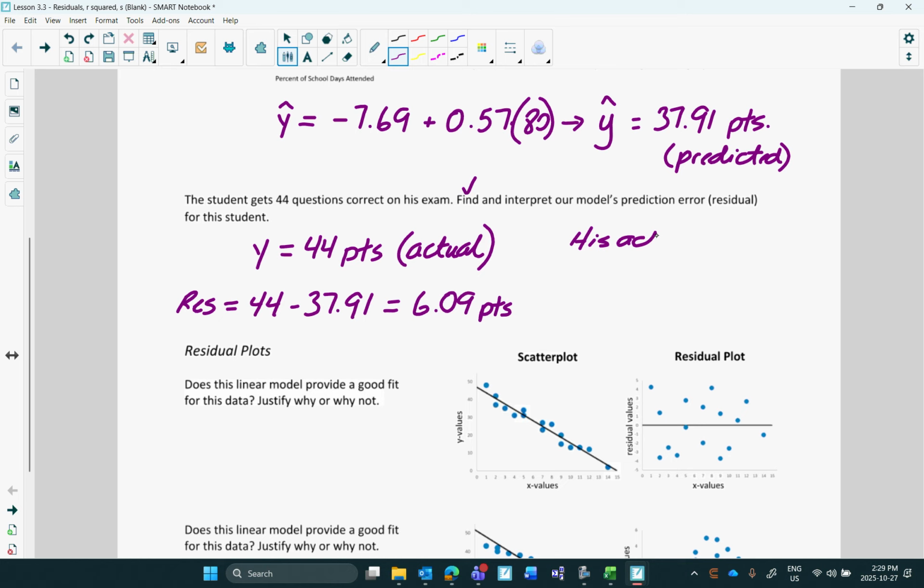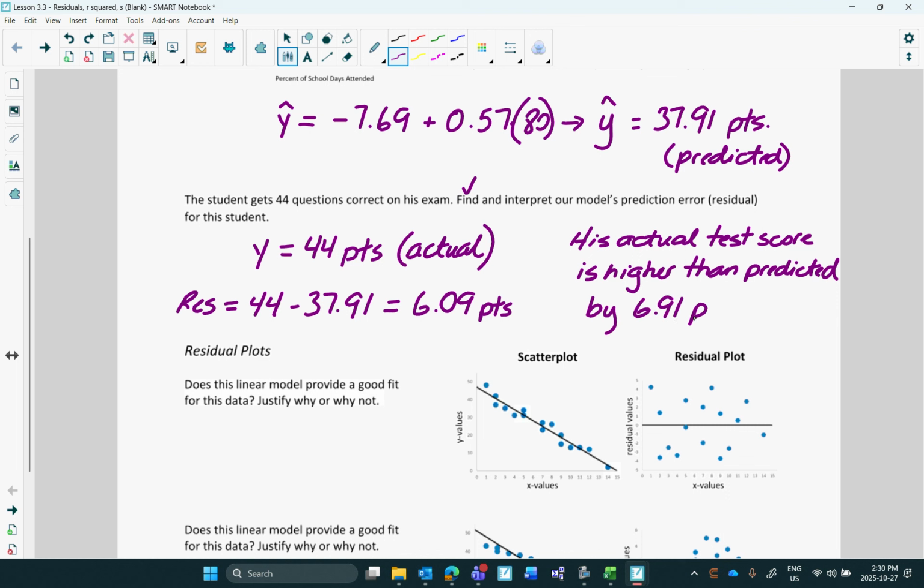Is actual test score higher than predicted by 6.91 points. That's the interpretation. Okay.